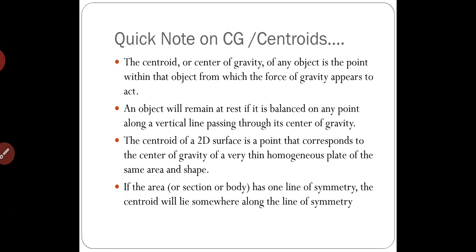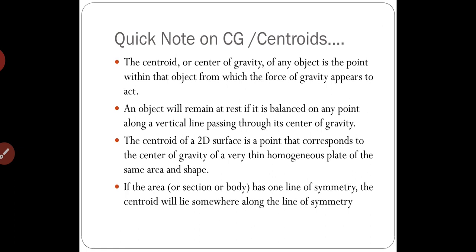If the area or section of a body has one line of symmetry, the centroid will lie somewhere along the line of symmetry. Again, if the area or section of a body has two lines of symmetry, then the intersection of the lines of symmetry will be the centroid point of the section or the body.